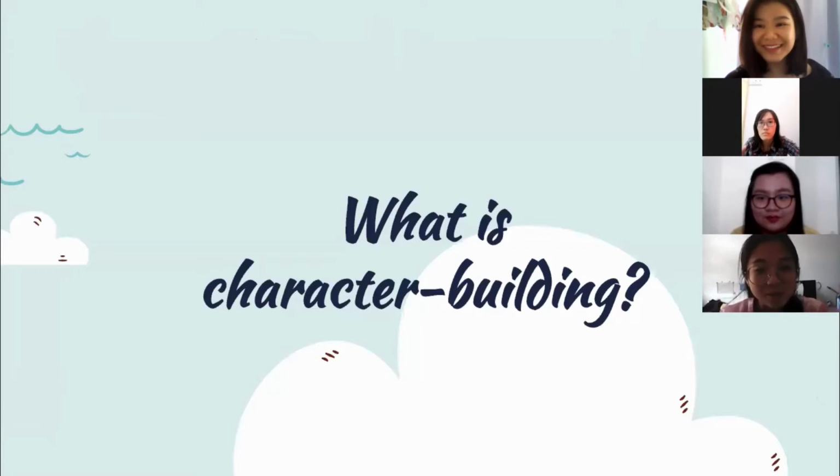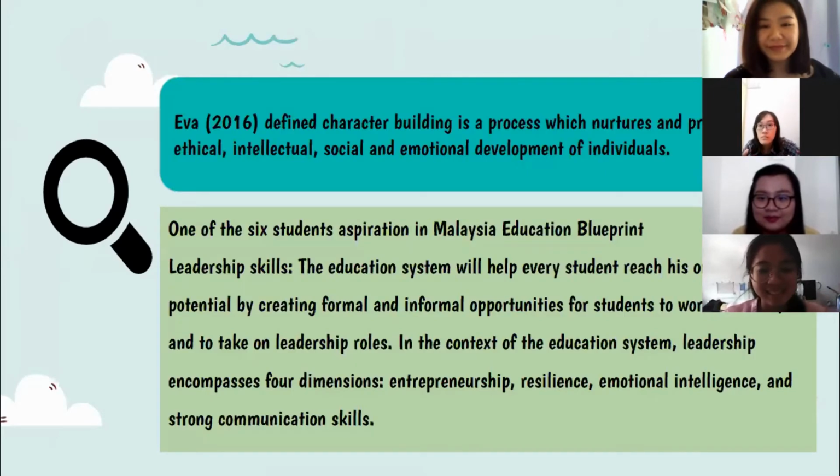So next I will be discussing what character building is. According to EVA 2016, character building is a process which nurtures and promotes the ethical, intellectual, social, and also emotional development of an individual. It is also stated in one of the six student aspirations in the Malaysia Education Blueprint, which is the leadership skill.